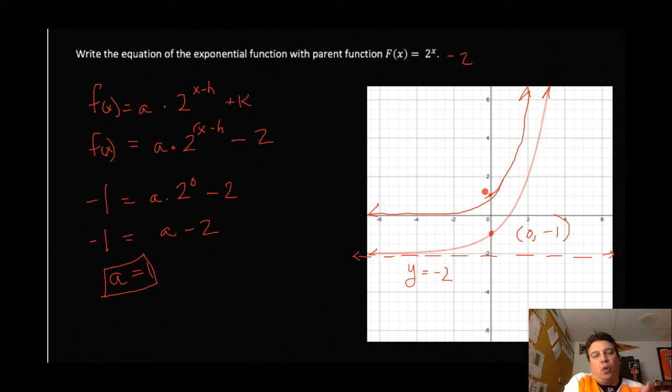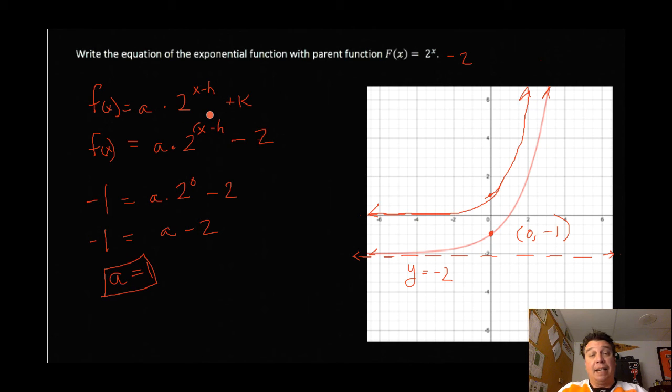I know this explanation might be a little confusing, but do not worry about whether or not your graph has shifted left or right. Just deal with what k is: has this thing been moved down or up? And has this thing been flipped? Because if it's facing the other direction, then I know that I have a negative a in front.